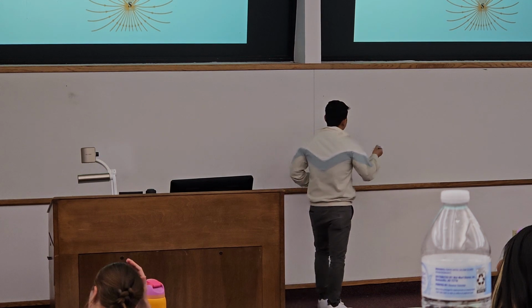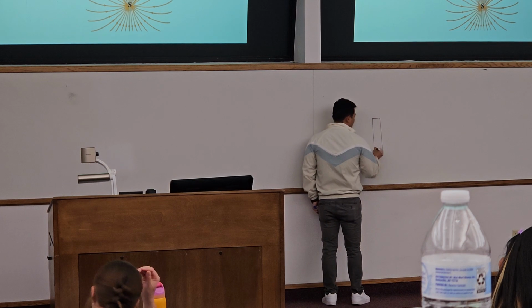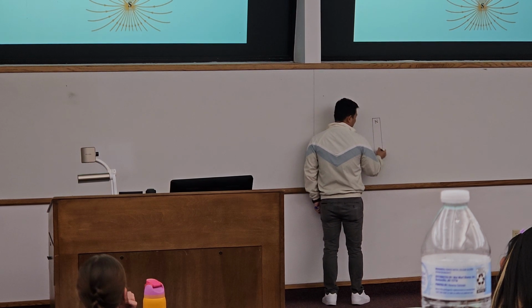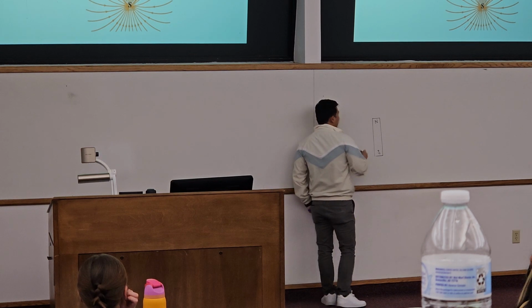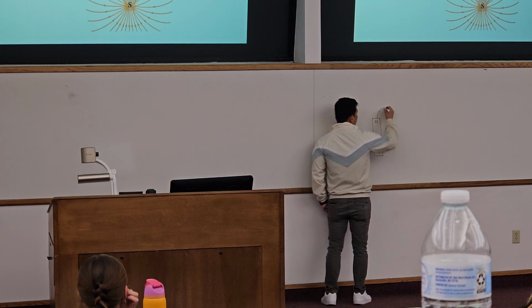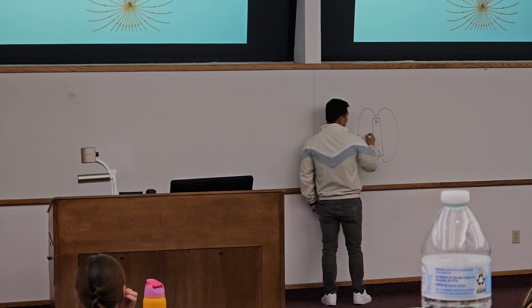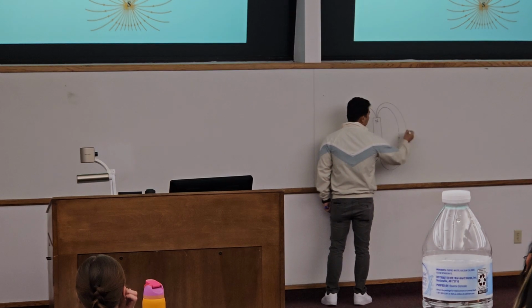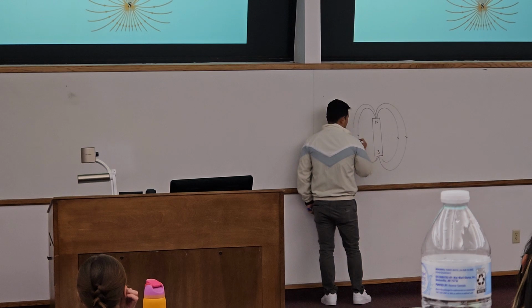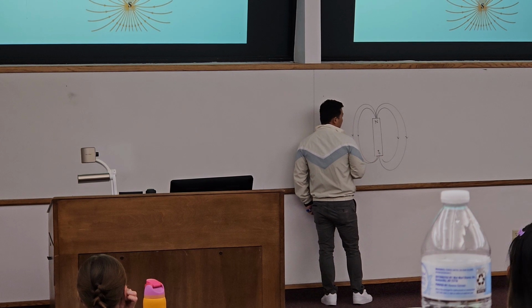So over here you have a north pole and south pole, and if you want to draw the magnetic field lines, the magnetic field lines start from the north pole and go to the south pole. Okay, it's like that. It's the general behavior of a magnet, and it's very similar to the electric field lines we draw.